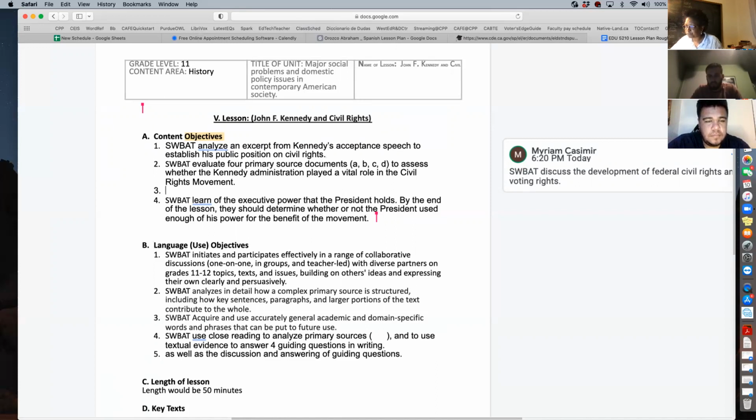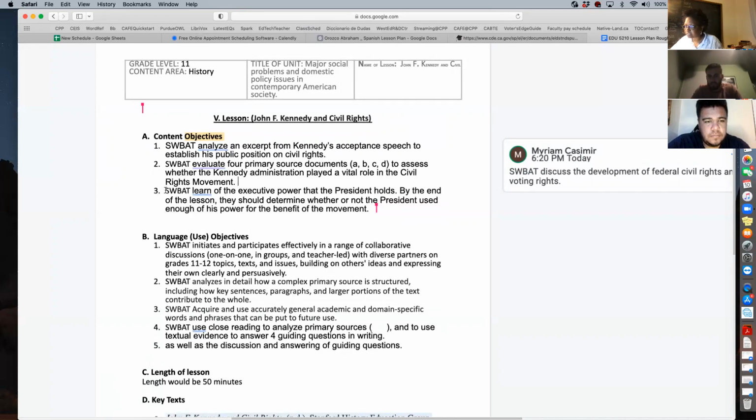And then number 3, are they doing this? The executive power. Yes, in a way, because I think in the instruction we kind of mentioned certain ways he got involved. I have a recommendation.